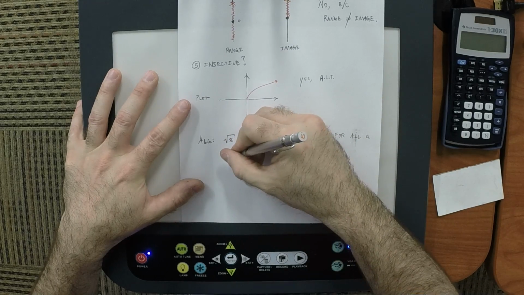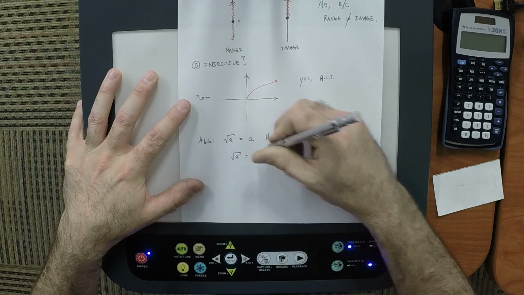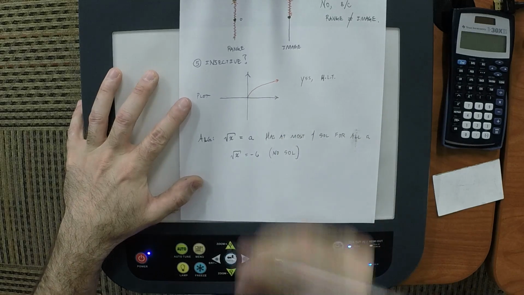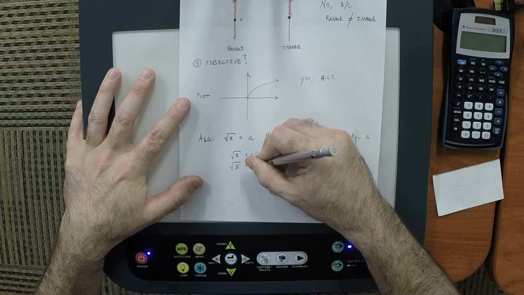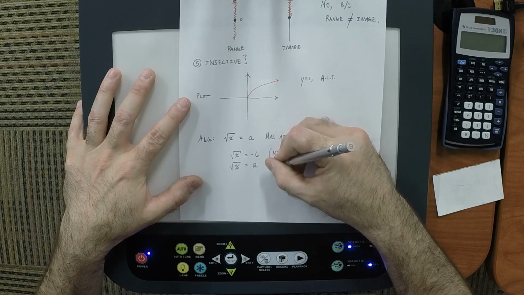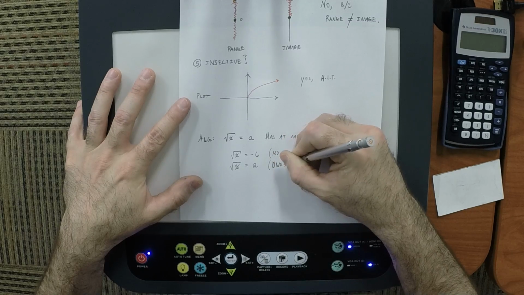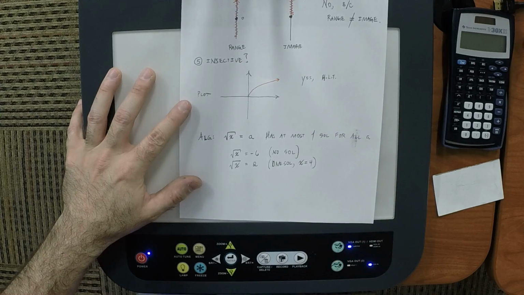To give specific examples, the square root of x equal to -6 has no solution. And the square root of x equal to, say, 2, has one solution, and no other.